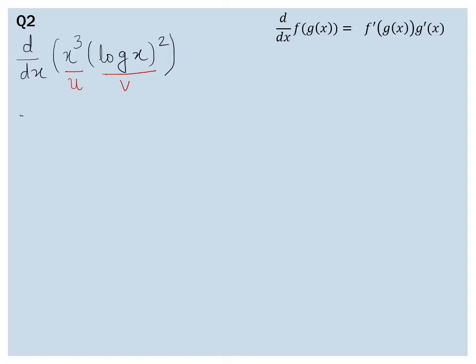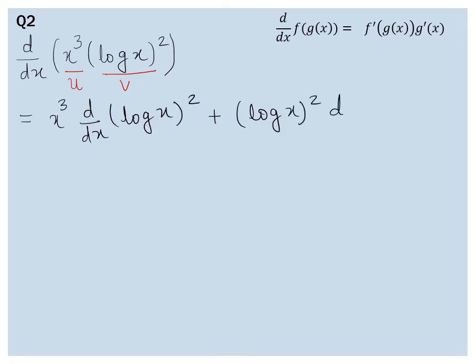So solving this, u into derivative of v plus v into derivative of u. So x cube into derivative of log x whole square, and plus log x whole square into derivative of x cube.